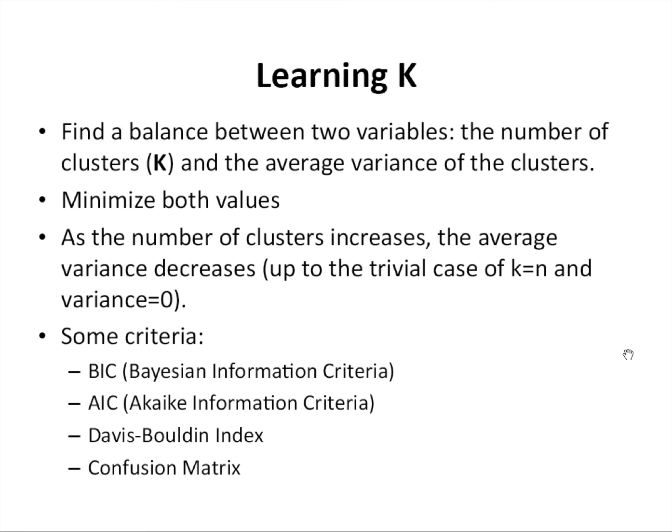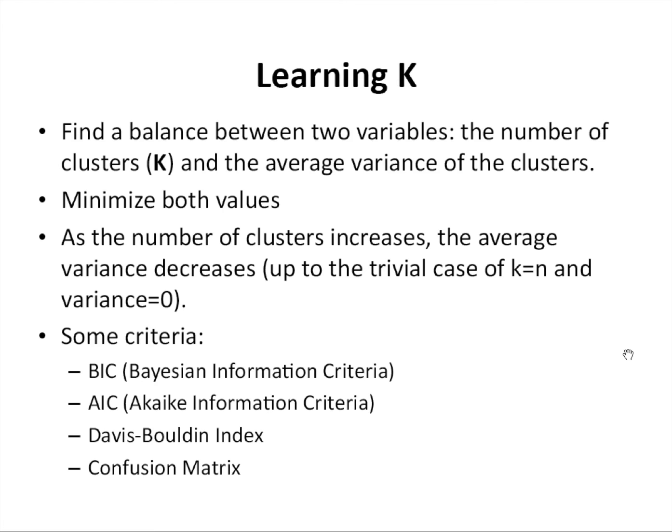You want the number of clusters k to somehow have low average variance of the clusters themselves. So you want to lower this average variance of the clusters as much as possible, and you'd like to have the smallest number of clusters that do that.